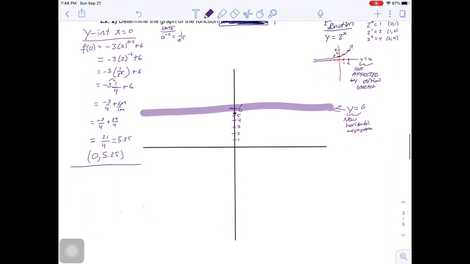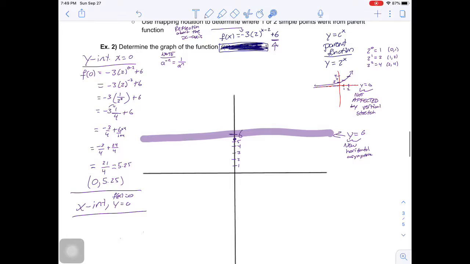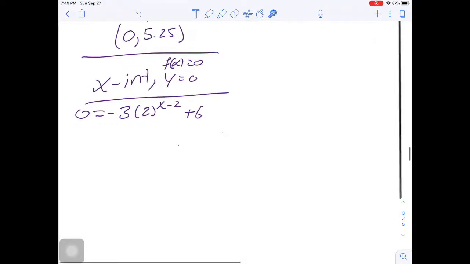Let's find our x-intercept. Our x-intercept is when your y equals 0, or your whole function equals 0. That's another way to put it. So here our function equals this. Let's make this 0 and solve for x. So 0 equals negative 3 times 2 to the power of x minus 2 plus 6. And now we've got to solve for our x value.